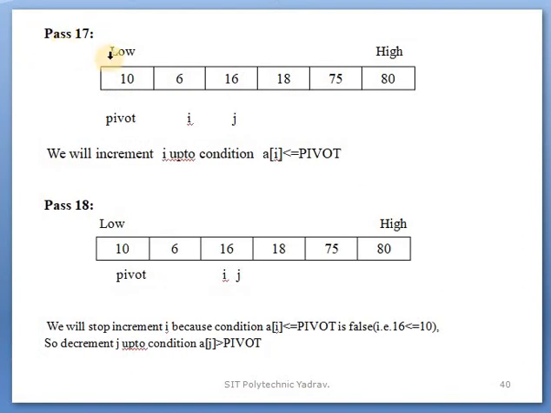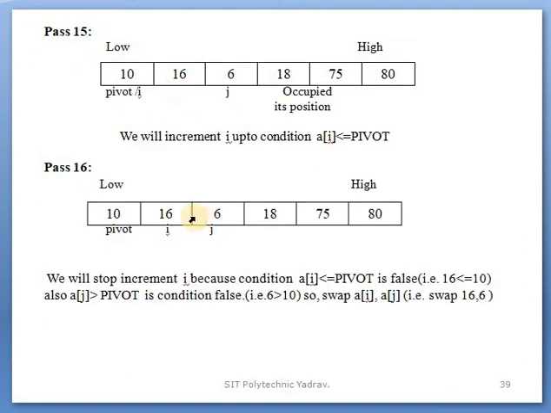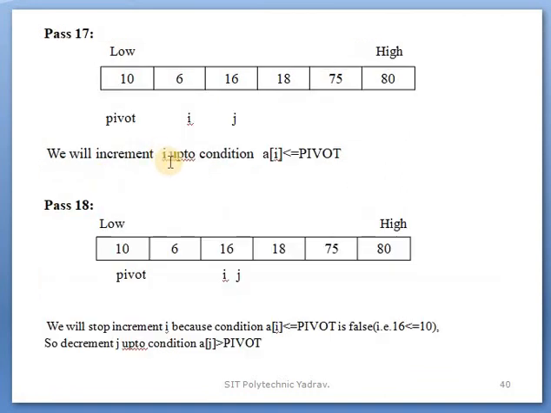In pass number 17, it shows 16 and 6 swapped. We increment I up to the condition a of I less than or equal to pi. Here 6 is less than 10, so the condition is true, so I is incremented.